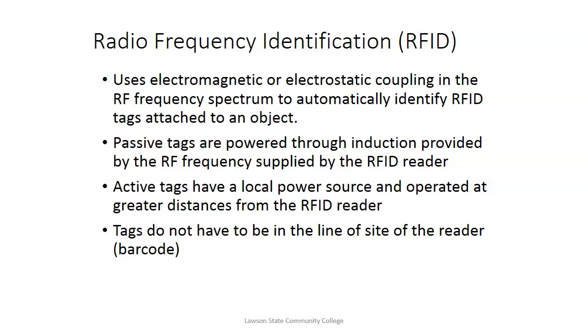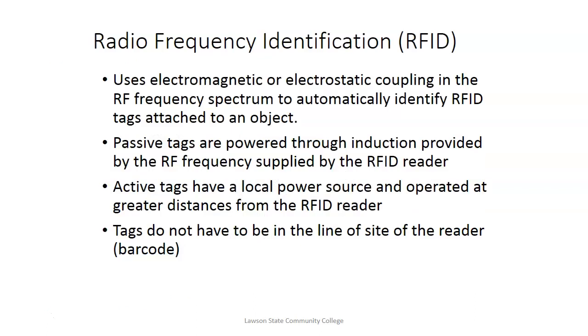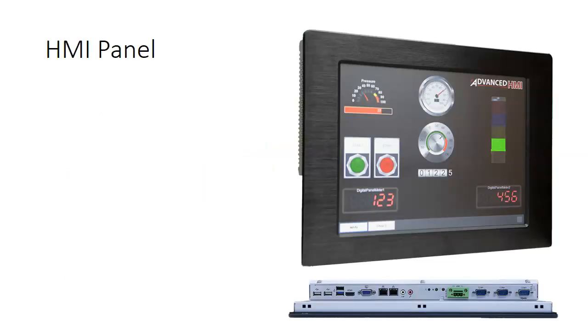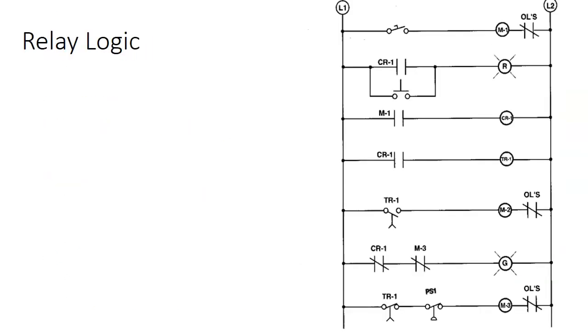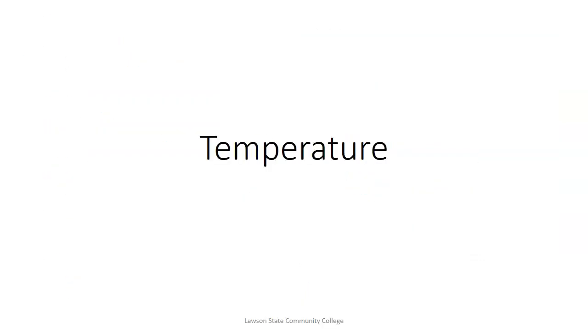Y'all run into these all the time. Most grocery stores have them. Well, not grocery stores. Most stores like Walmart has them now. Temperature. We don't have any temperature sensors, but we need to talk about these. And then we'll talk a little bit about PLCs. So any questions?